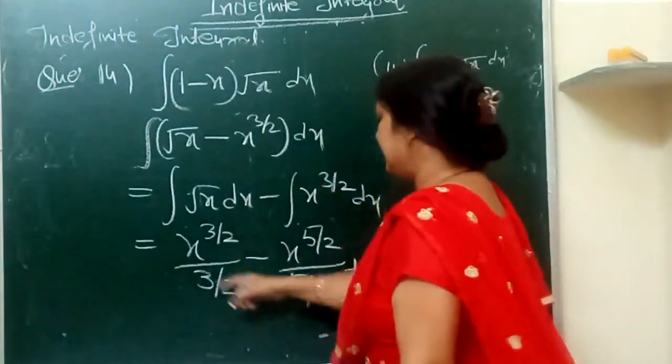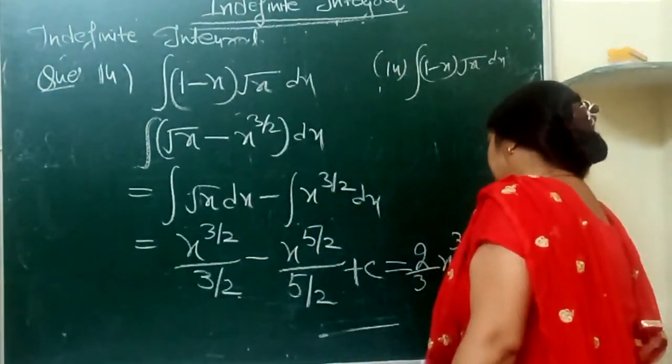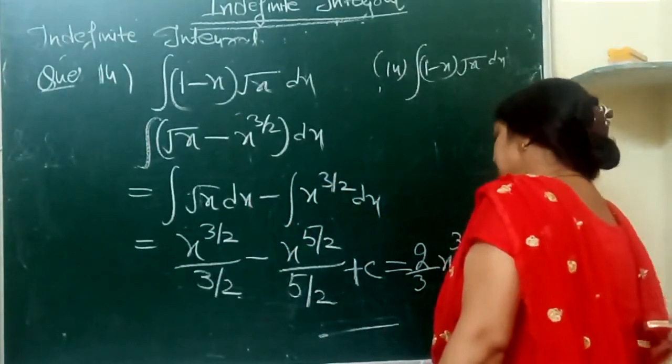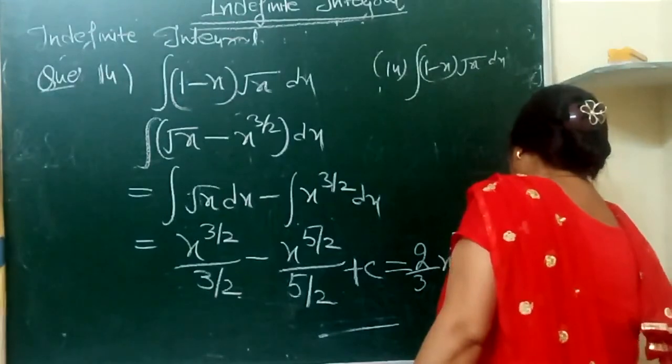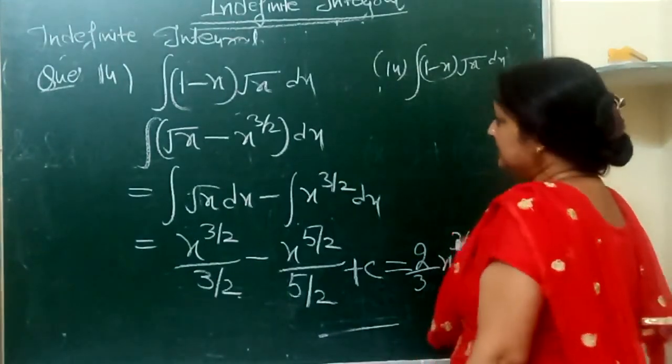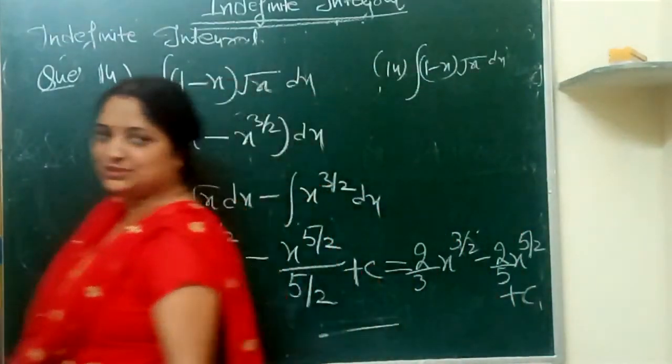At last we can write this as 2 by 3 x raised to power 3 by 2 minus 2 upon 5 into x raised to power 5 by 2 plus c. So this is the solution of question number 14. So thank you students.